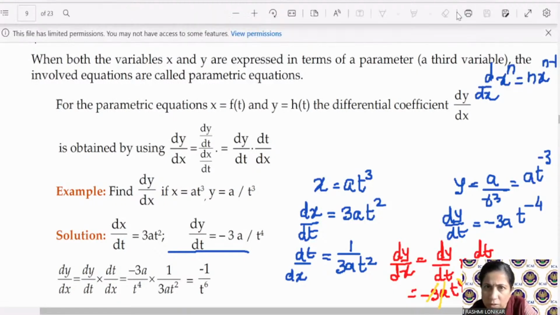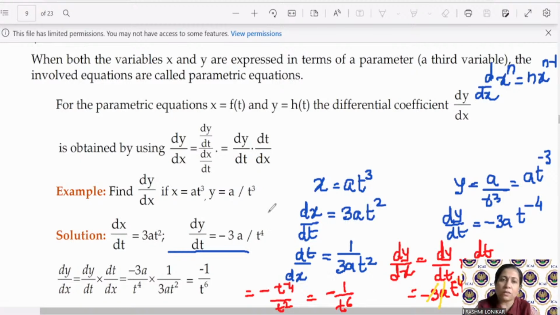Okay, so this will not get cancelled. Minus 3a t raised to minus 4 into 1 upon 3a t square. So this will remain t square. 3 will get cancelled, a will get cancelled. So how much do I have? This is equal to minus t raised to minus 4 upon t square. This minus 4 I can bring down. This is equal to minus 1 upon t raised to 6 will be the answer.